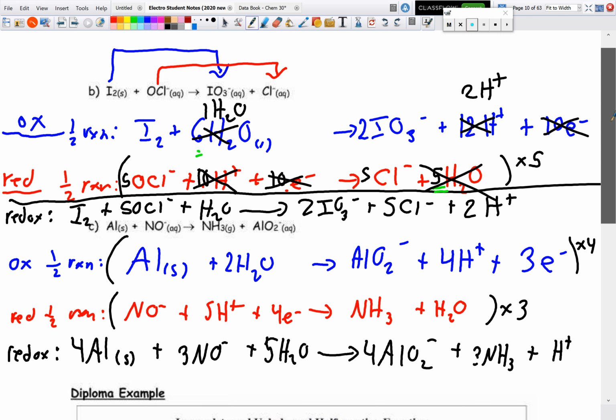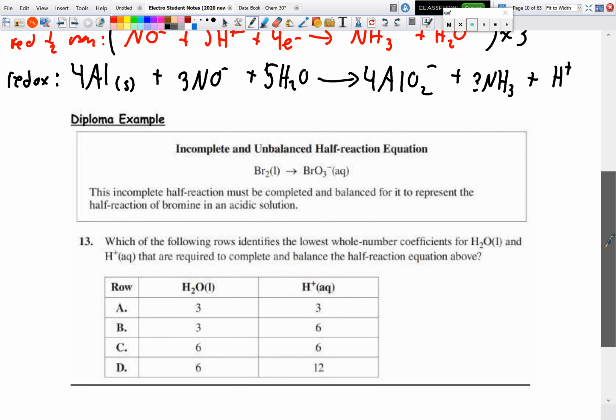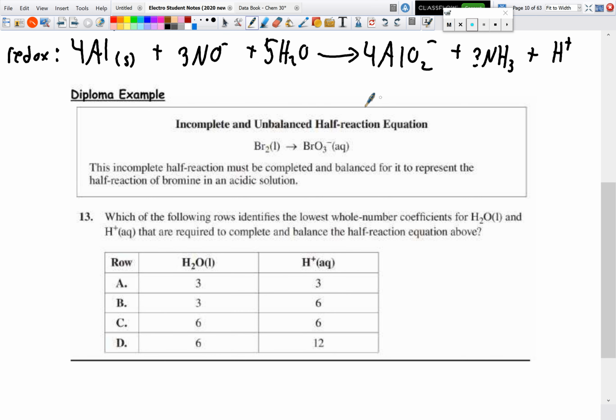And last but not least, the old diploma example that we have right here. So we have an incomplete unbalanced half reaction right here, Br2 going to BrO3 minus, and this one just says which of the following rows identifies the lowest whole number coefficients for water and H plus that is required.